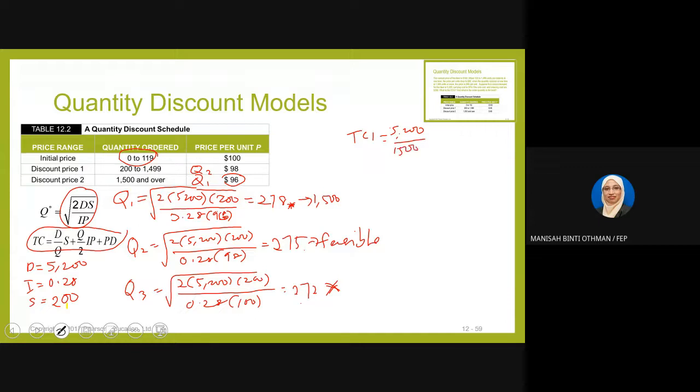We cannot use 2,078 because we cannot buy that quantity at the price 96. Times 200, plus 1,005 divided by 2.